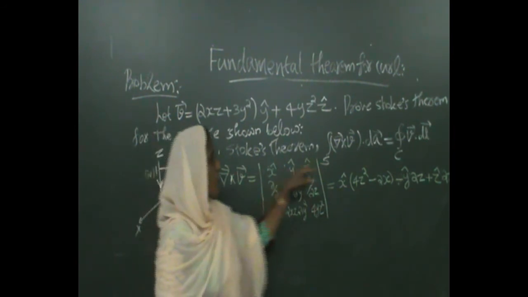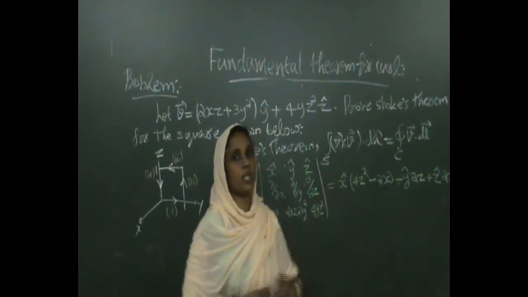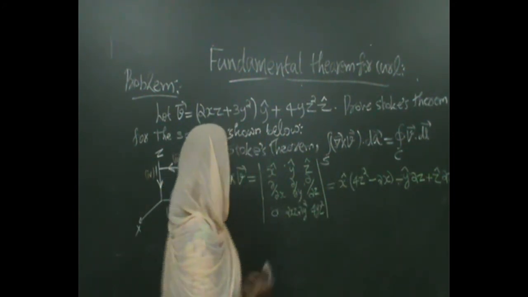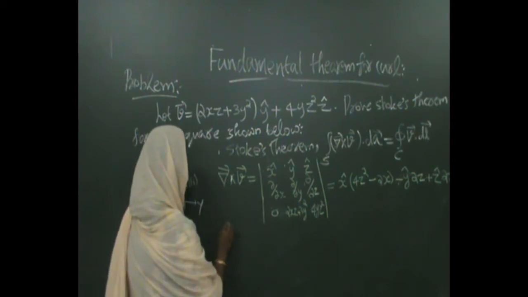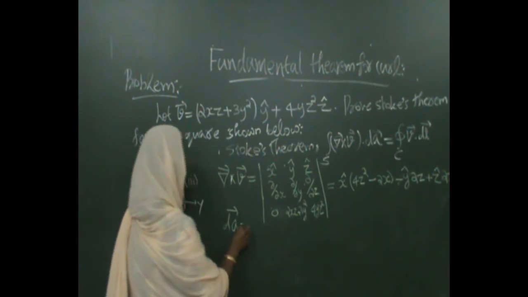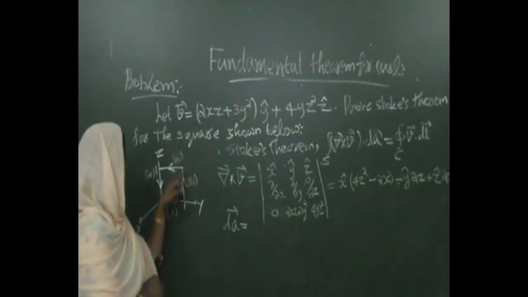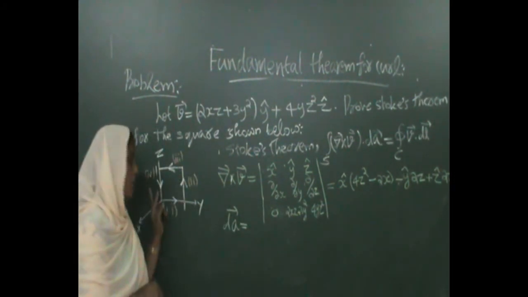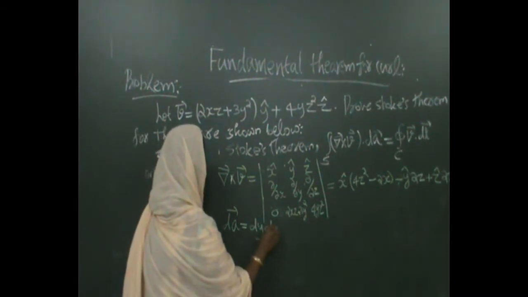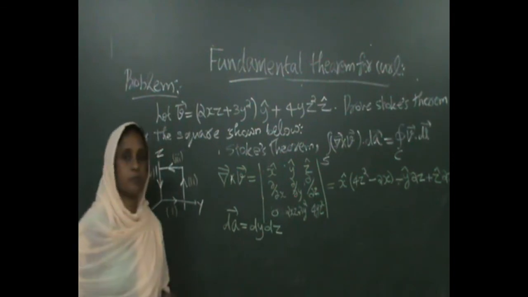Now we want to find del cross V dot dA. So what is dA? This area is lying on the YZ plane, so dA equals dy dz.